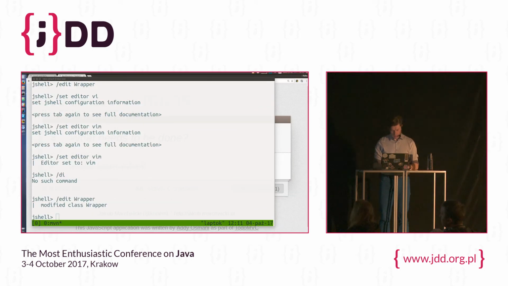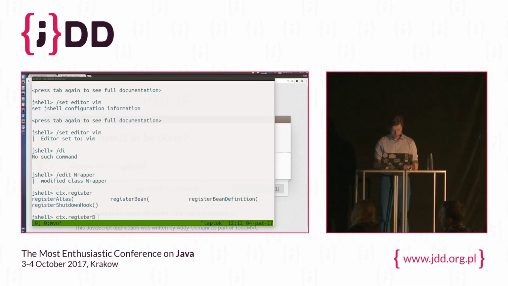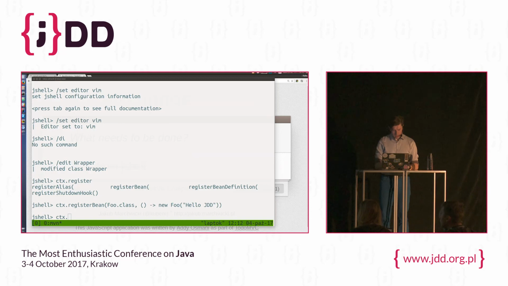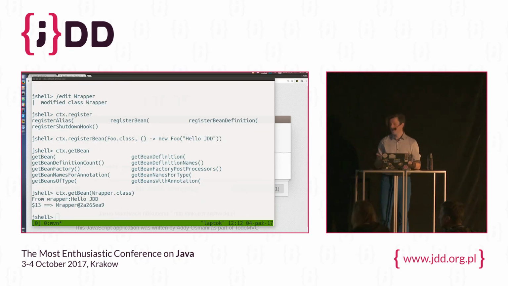And now, if I do the context register bean foo class, I can take new supplier, new foo, hello JDD, and then if I take get bean for wrapper, I should have another bean, yet another bean, because it's a prototype.